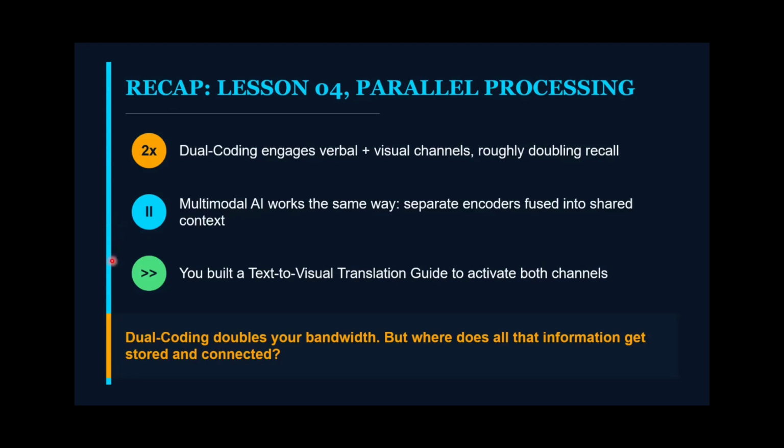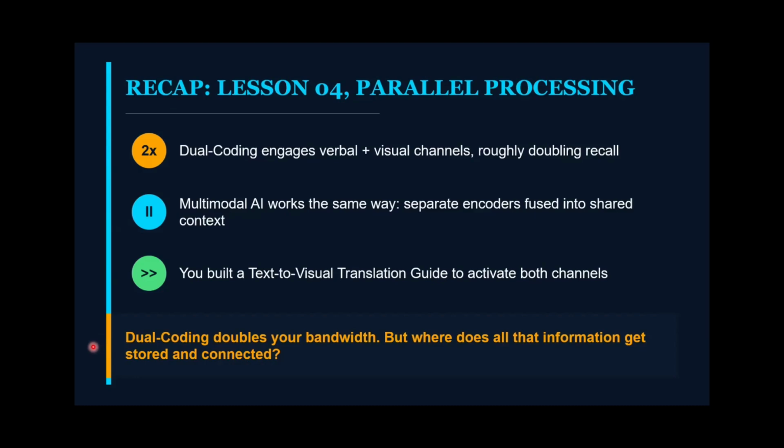We also learned how to build a text to visual translation guide to activate both of those channels. So we breached a protocol. We were able to hack our brains by building these two activities, an architect activity and a builder activity, to bypass some of the limitations of parallel processing and get maximum use from it.